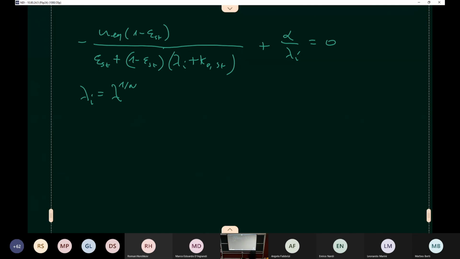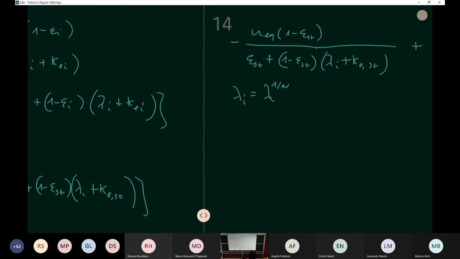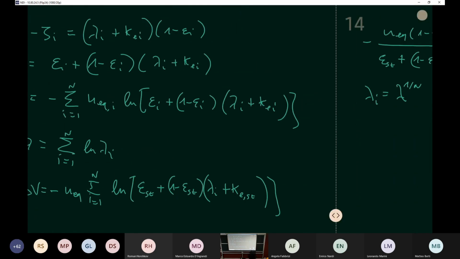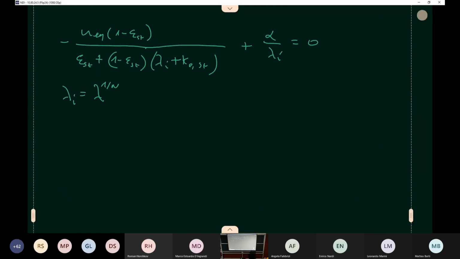And so we can go back here and extract this value from this expression, and in particular I write e to the minus delta V over n times u_eq. Of course, all terms under summation are the same, so you sum the same terms n times, and this n goes here.